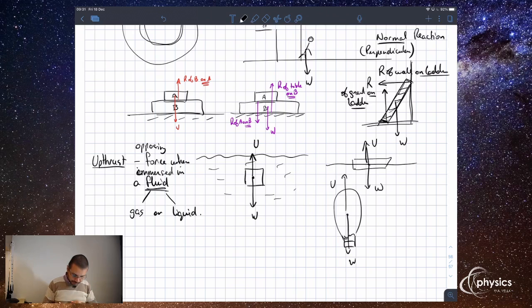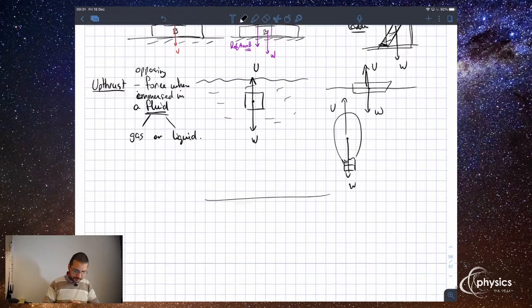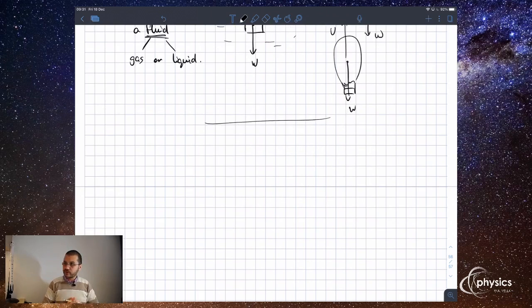Now, the second group of forces. The second group of forces comes when you have objects which are sliding against each other. So if you have an object moving on the ground, then there is a force because you have two surfaces which are sliding against each other.